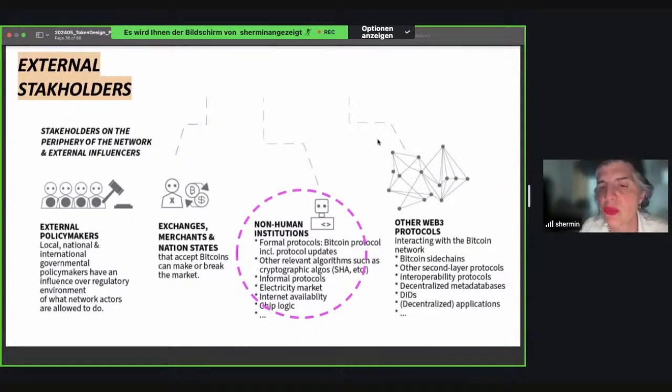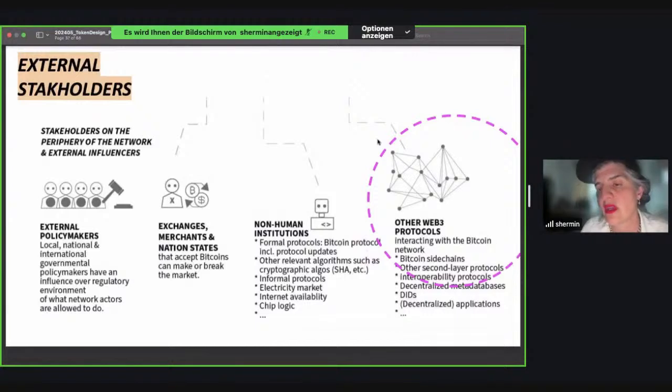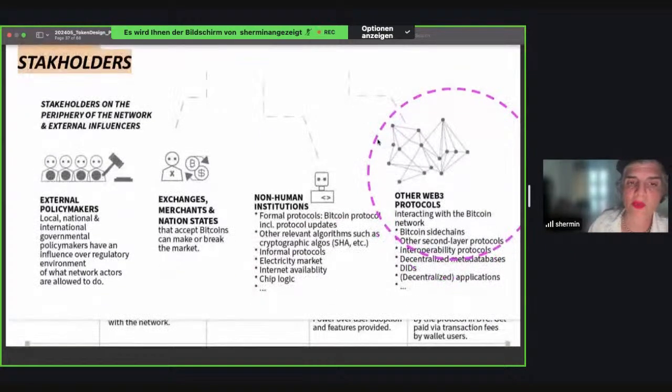These are not humans, but protocols or non-human institutions that influence this network, like internet availability and the electricity market, etc. And obviously also other Web3 protocols, the rest of the crypto landscape, and what happens there in terms of innovation and competition is relevant and influences the social and economic dynamics of the Bitcoin network.